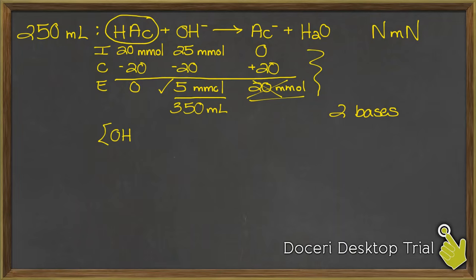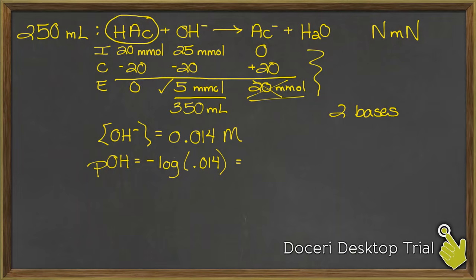So now I have an OH minus concentration. All right, we can find a pOH first. That's probably easiest. And let's see what that gives us. Let's see, 1.85. And to get to a pH, 14 minus that, here's my final answer.